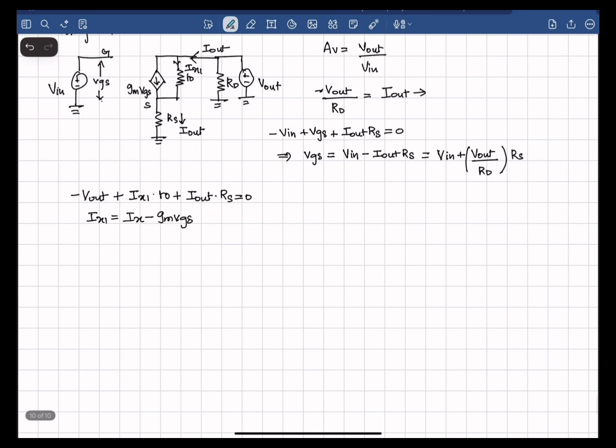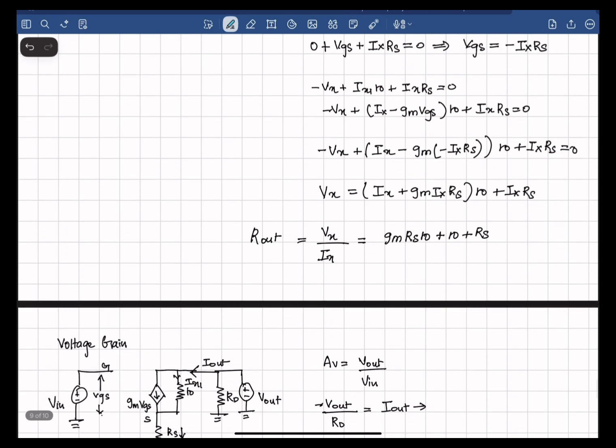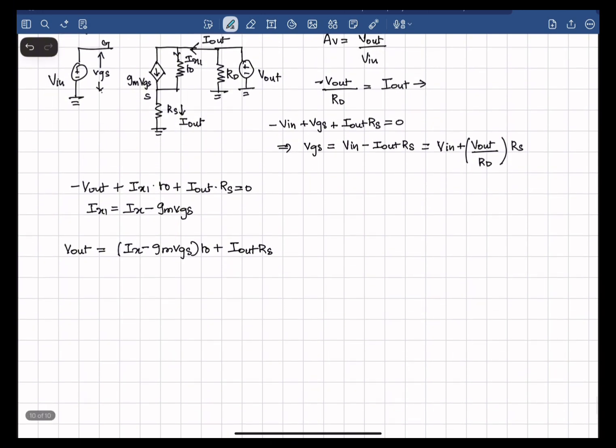So Vout is equal to (Ix minus Gm VGS) into Ro plus Iout into Rs. The Ix here is actually Iout. I just assigned a different terminology, so let me correct that: Iout.